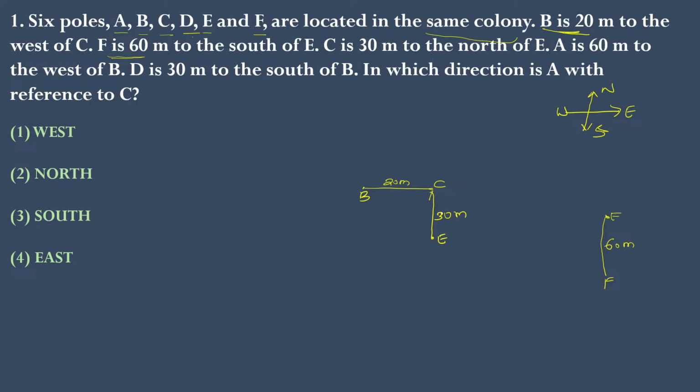Next, A is 60 meters to the west of B. If you see that here we have a relation, E is 60 meters to the north of F, or F is 60 meters to the south of E. Just interlink this.